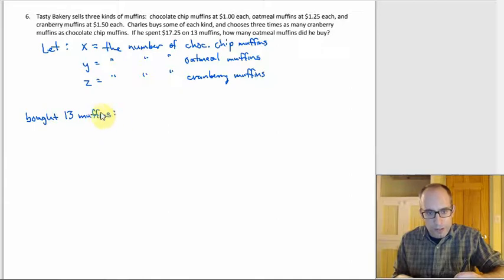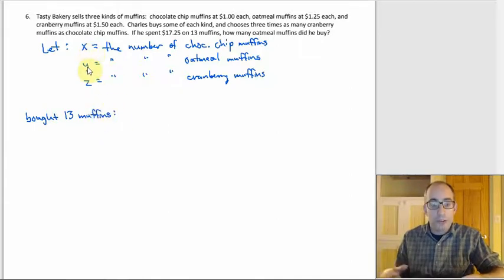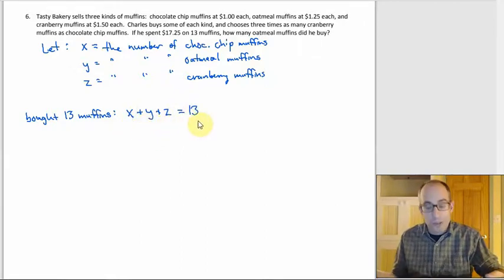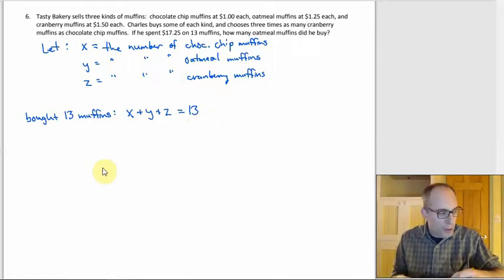And if X, Y, and Z are the individual amounts of the different types of muffins, then that would mean that X plus Y plus Z has to be 13, right? The number of chocolate chip muffins plus the number of oatmeal plus the number of cranberry, it's got to equal the total if those are your only 3 options, right? So that's true.